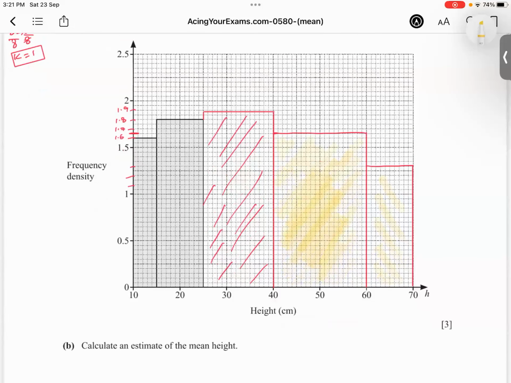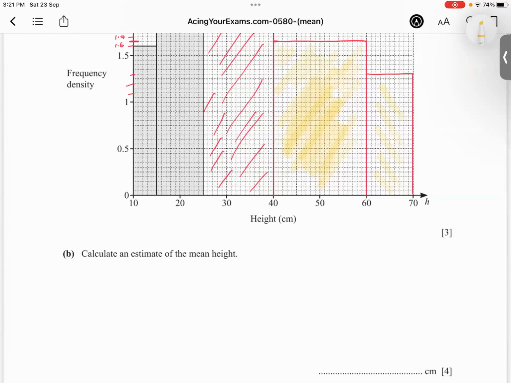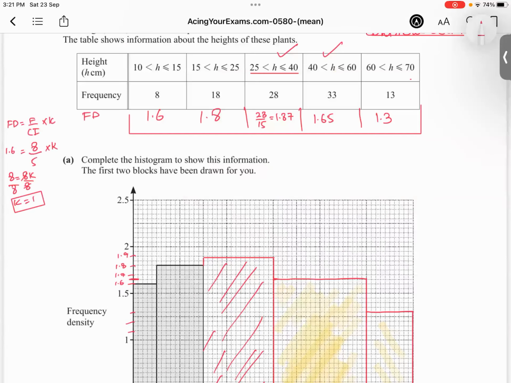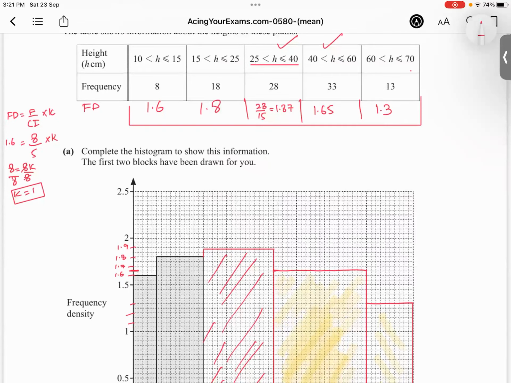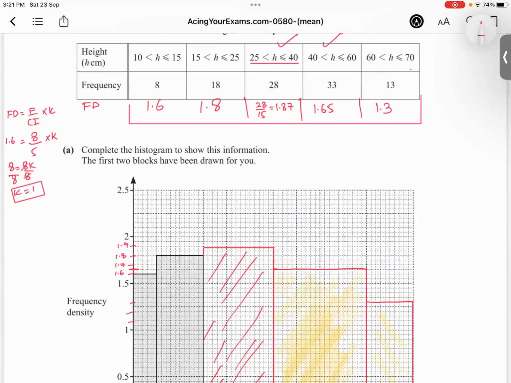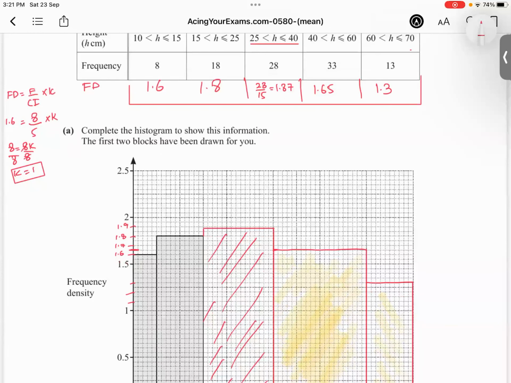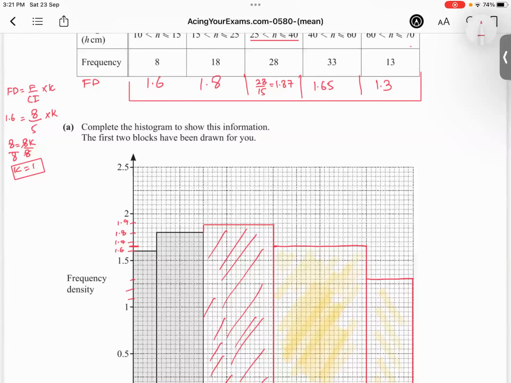All right, everybody, calculate an estimate for the mean height. So we are already familiar with the mean. That mean is what? Summation fx divided by summation f. So first of all, everybody, we know that we have utilized this table above already. So I'm planning to remove this fd now, because I'm already done with the question.